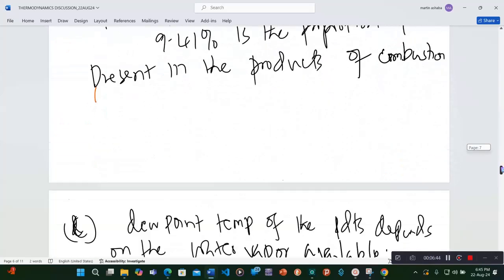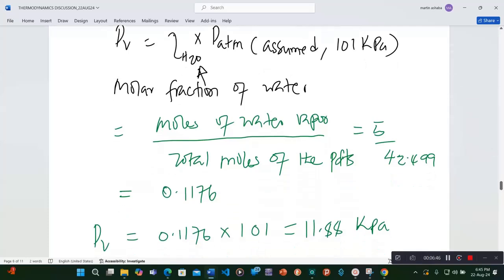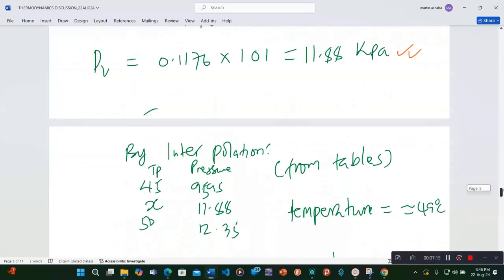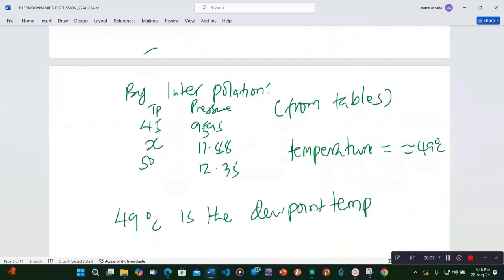And the value is going to be 5 out of 42.499, and we will have 0.1176. That's the fraction of water by moles available in the byproducts. So what will be the partial pressure of this water vapor? It will be the molar fraction 0.1176 times 101, giving you 11.88 kilopascals.